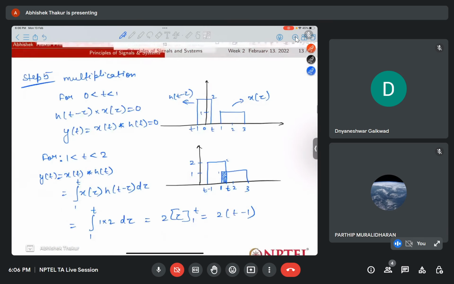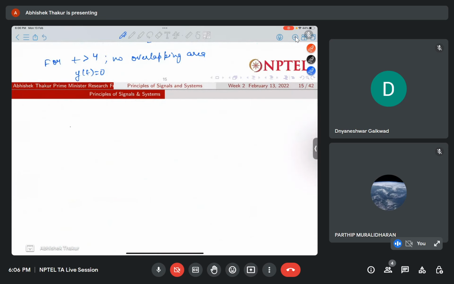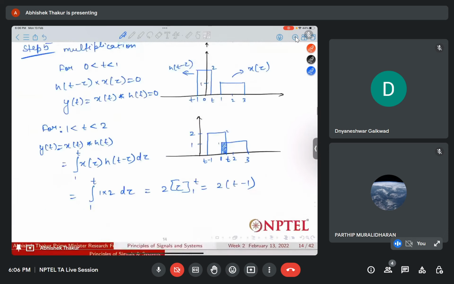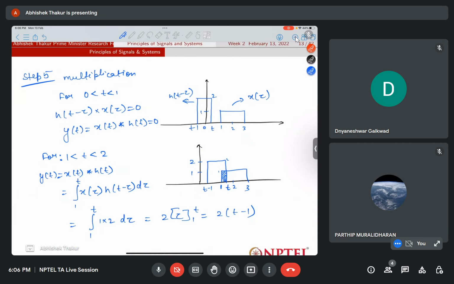So now we will summarize our y(t). Hence y(t) is equal to 0 for t less than 1. Here you can see for t 0 to 1 output is 0.